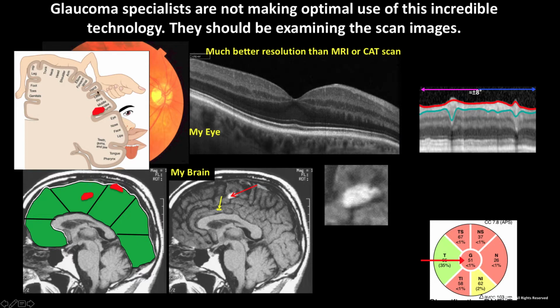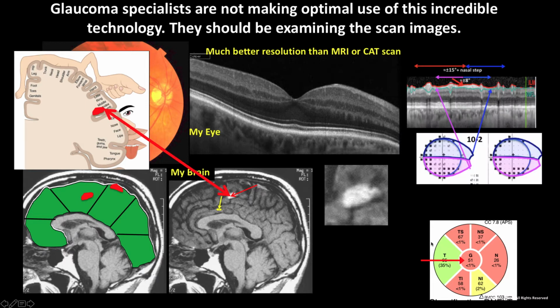The neurologist notices that in this case, it appears to be in the postcentral gyrus, somatosensory region, pressing on the thumb. So he or she will examine the thumb or the hand to see if there are somatosensory changes. Well, and compare structure and function. That's what we're suggesting we should be doing with the OCT as well.